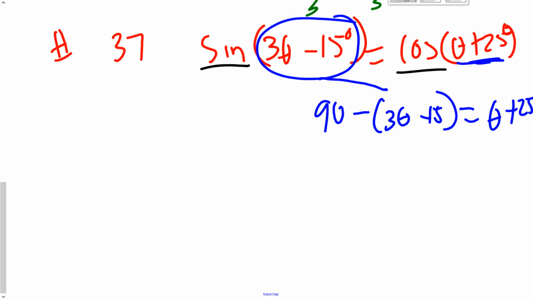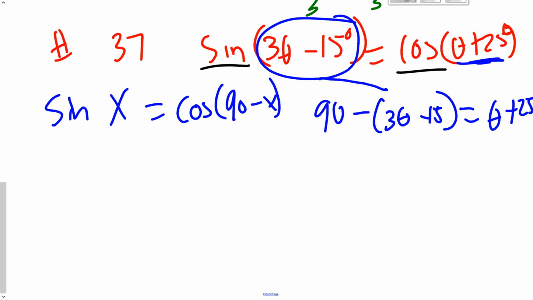Okay, so whenever I have sine of some angle, let's use x, to be cofunctions, it has to equal cosine of 90 minus x, right? So our angle is 3 times an angle minus 15 degrees, and then I have to take 90 minus that.